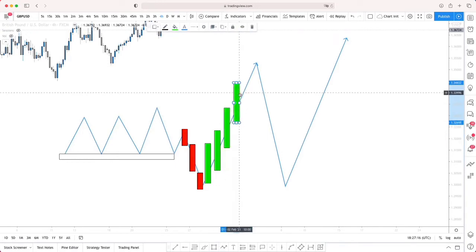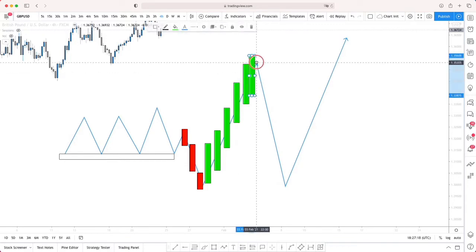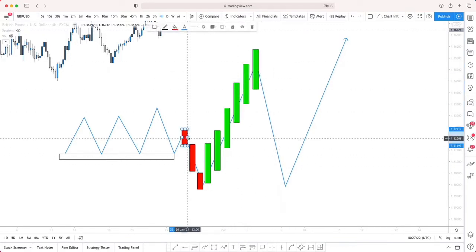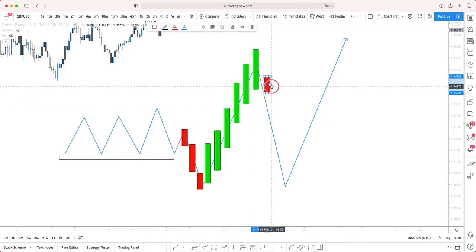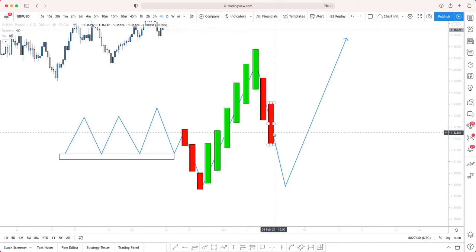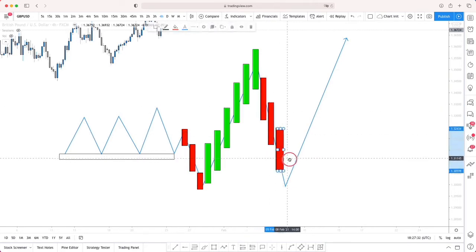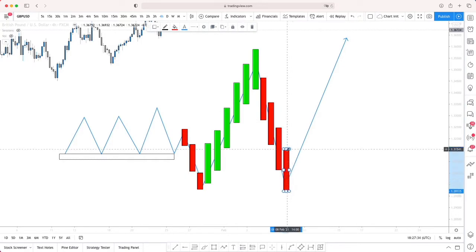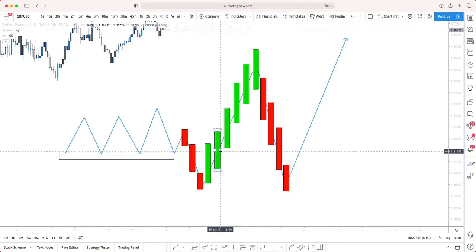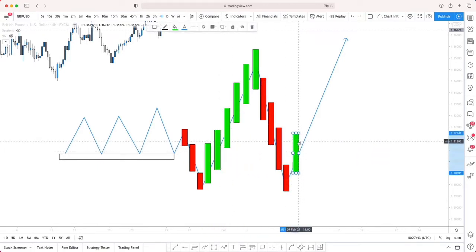Right, and then what happens is price comes and it comes back down, and then it shoots back up again.